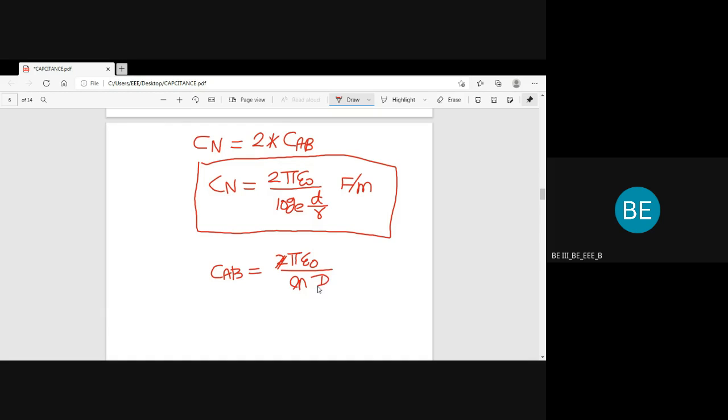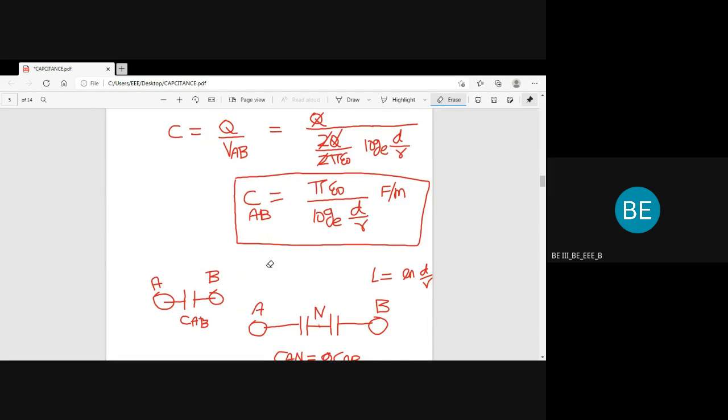So I will write the general formula as dm by ds, unit will be farad per meter. So this dm and ds will be similar to how we calculated for inductance, right?